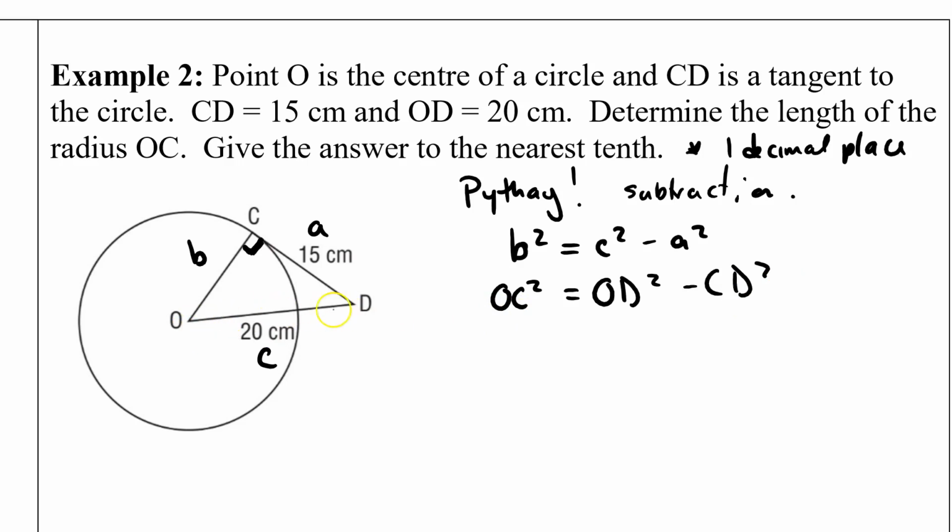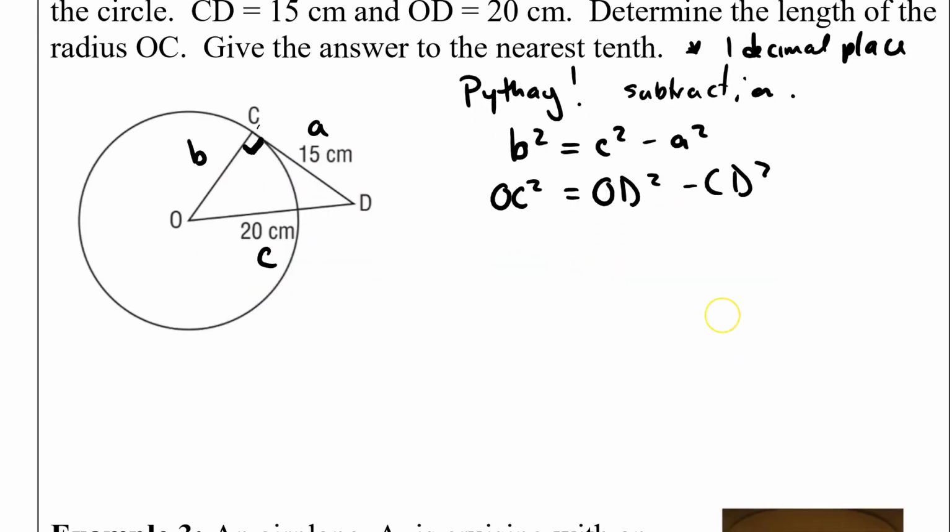OC, that's what we want to find, equals c, which is OD, minus CD squared. So I'm just going to substitute in the values that I know for OD and CD. So OC squared equals 20 squared minus 15 squared.